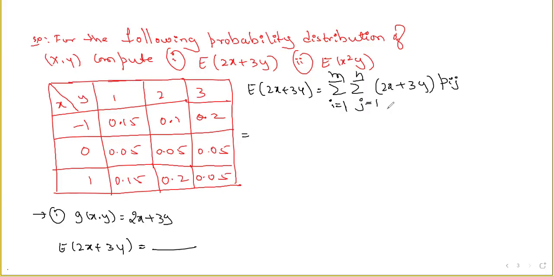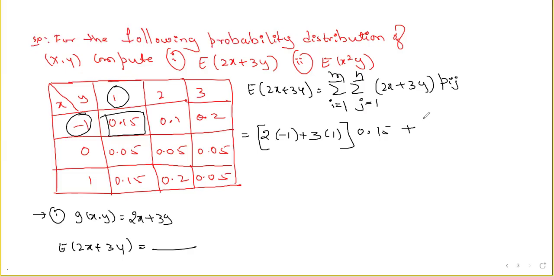First we consider x equal to -1 and various values of y. So 2 into -1 plus 3 into 1, where y equals 1. For this pij, we took i equal to -1 and j equal to 1, and the common probability is this one, 0.15.